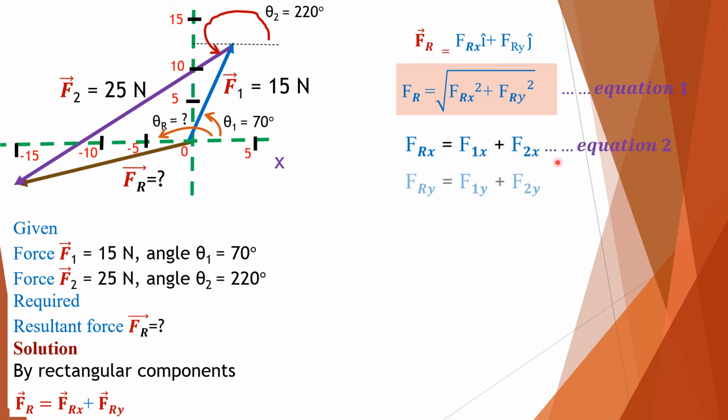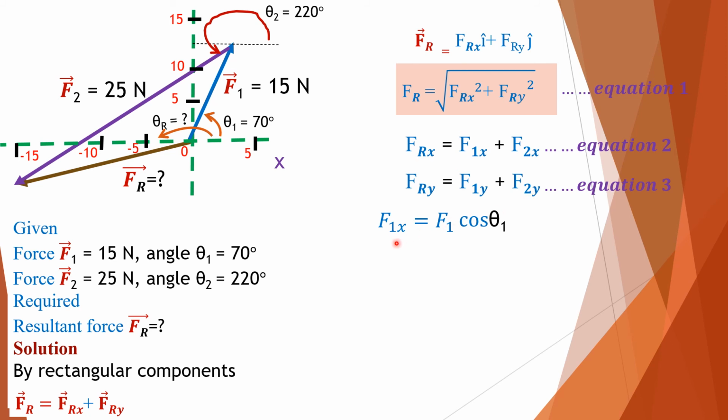Let's say it equation number 2. Magnitude of resultant force Fry, component of resultant force along y-axis, is equals to F1y plus F2y. Let's say it equation number 3.